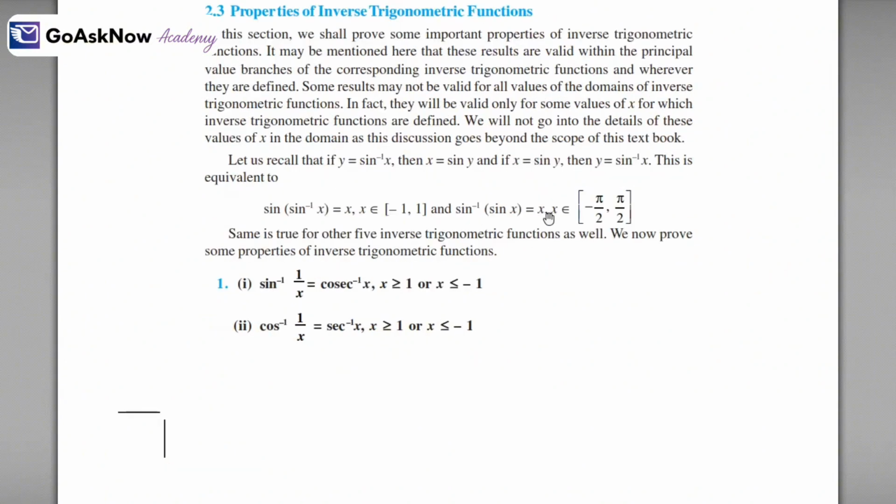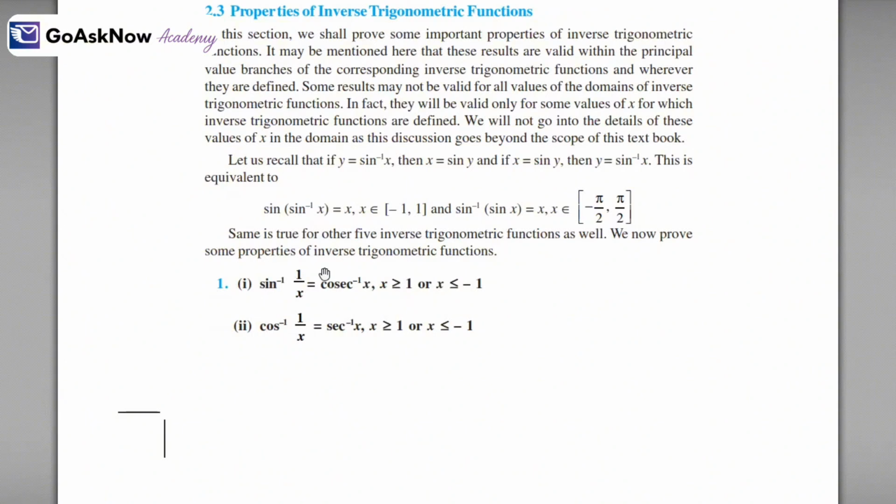And if it is sine inverse of sine x, then x belongs to minus pi by 2 to pi by 2, because it is giving you an angle in the final step. Same is true for the other 5 inverse trigonometric functions as well.